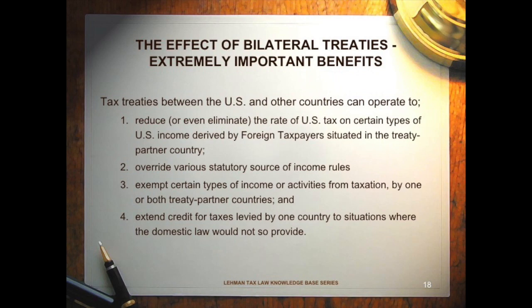Sometimes they will overrule the source of income rules. They may exempt certain kinds of income that would ordinarily be taxed, and they may provide for tax credits between countries to be used a lot more efficiently.